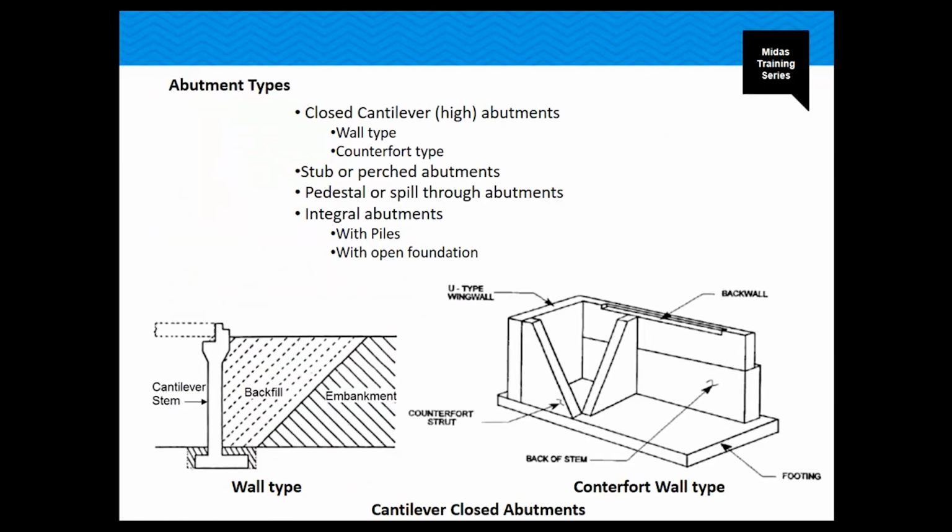Then we have the abutments. The abutments can also be classified, let's say, into the closed cantilever, the high abutments, which are the wall type and counterfort, the stub, pedestal, and the integral abutments with piles or with an open foundation.